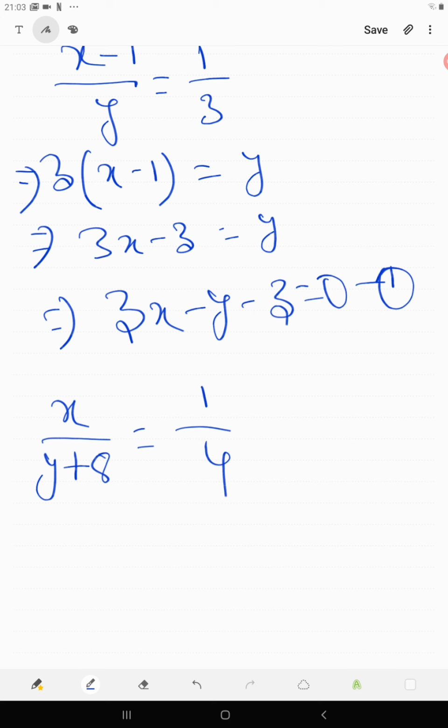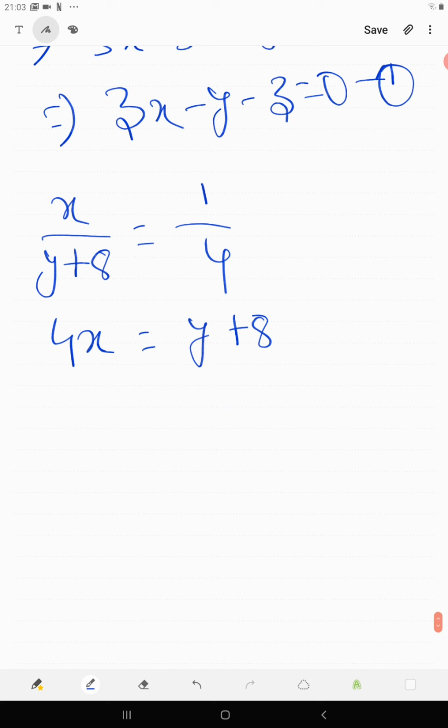Similarly, cross multiplication: 4x equals 1 into (y plus 8), which is y plus 8 only. So bring y plus 8 to the left. It will give you 4x minus y minus 8. Both become negative because y and 8 are both positive on the right. This is our second equation.